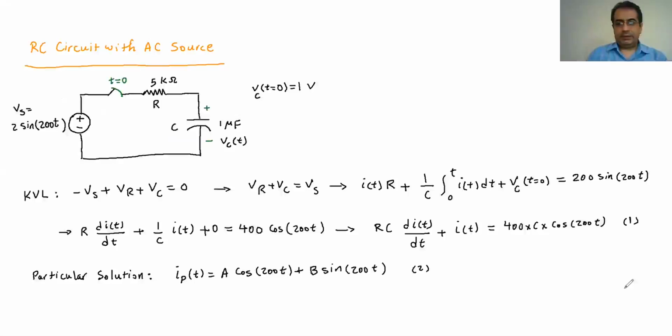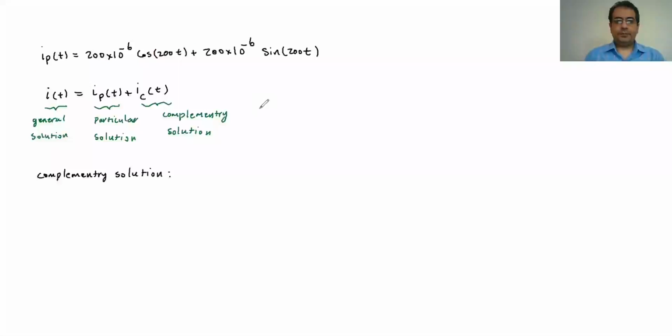So the complementary solution is a solution of equation 1 if the source is 0.